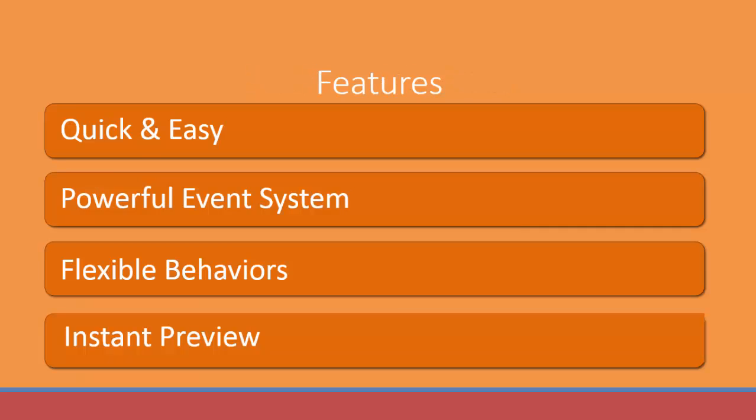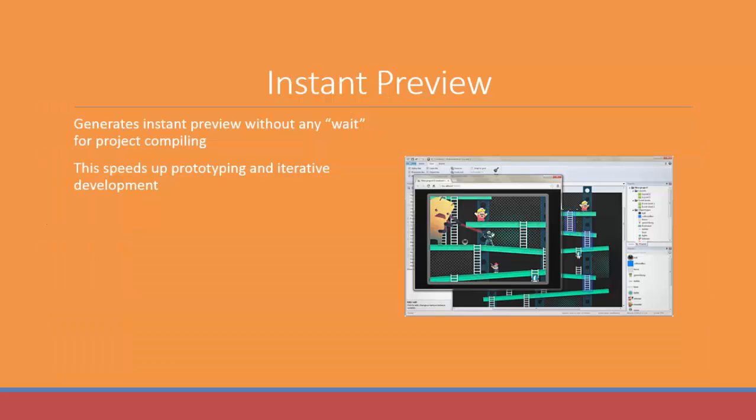Another cool feature is instant preview. Construct 2 comes with instant preview of everything you make without any compilation time. So it is pretty easy and actually inspiring to see a preview of what you have made.